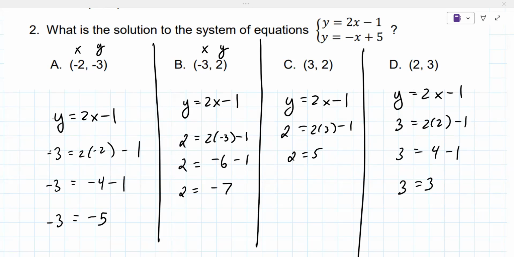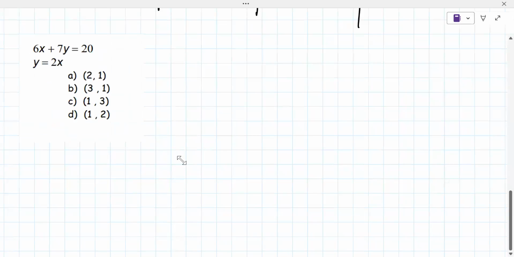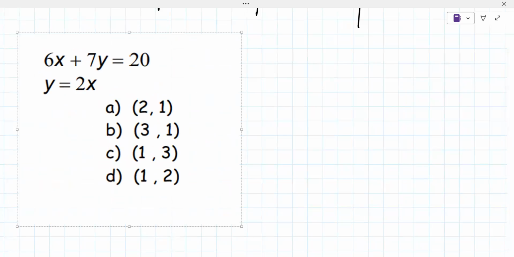So here's one for you to try. Let me just snip this in. Basically, you just have to try the ordered pairs until you find one that works. How would I set this up? Just like the last ones, you pick the first equation and just start trying the points until it works. But there's 2 Y's and 2 X's.